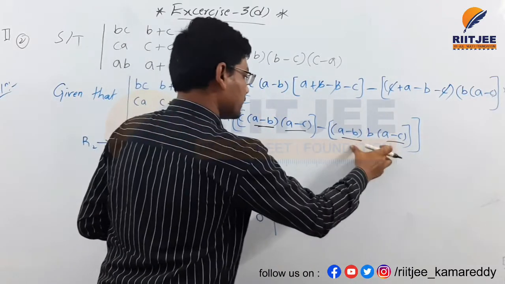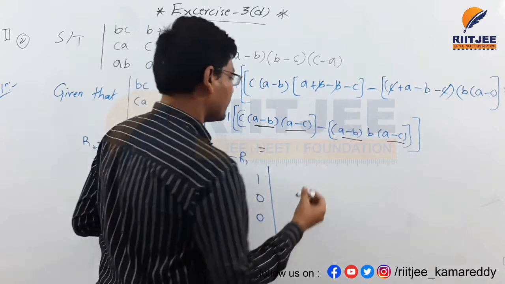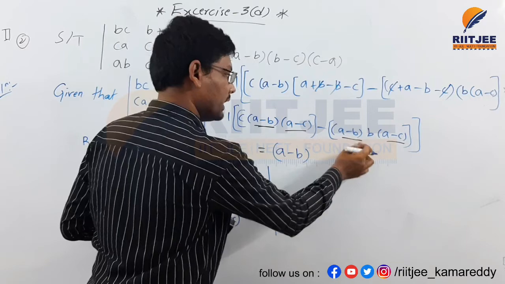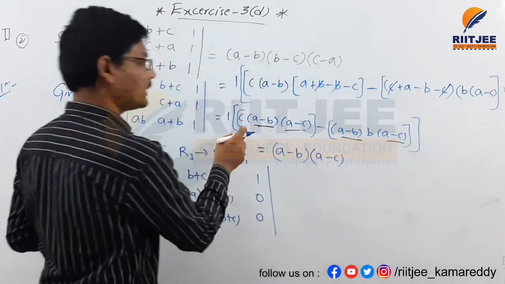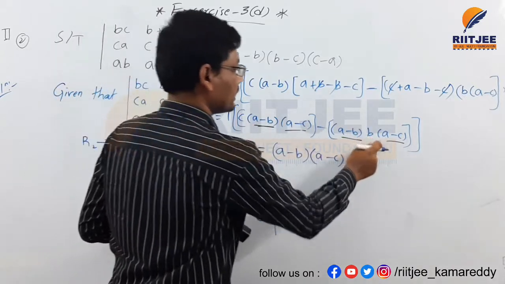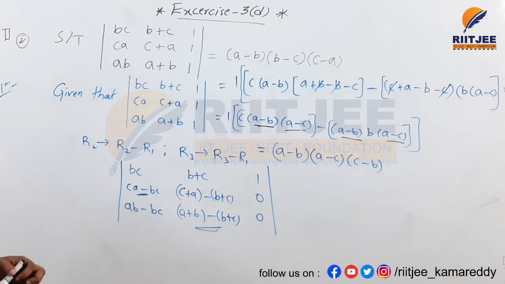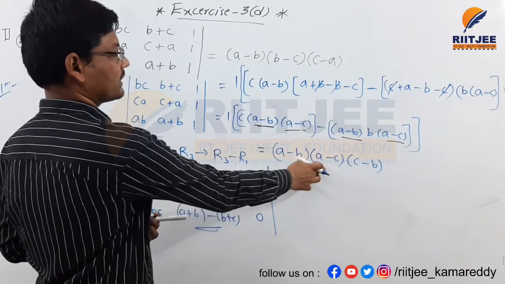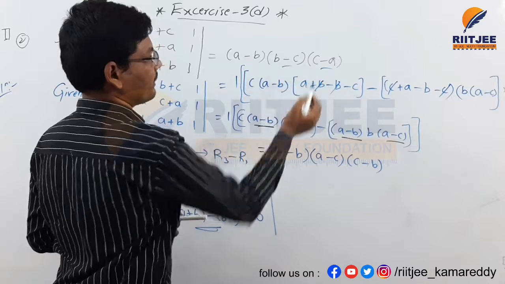So if you take A minus B and A minus C as common, the remaining terms are here C, here B, that is C minus B. Here the final expression is, if you take A minus B and A minus C, B minus C. Here C minus C is there, here B minus C is there.